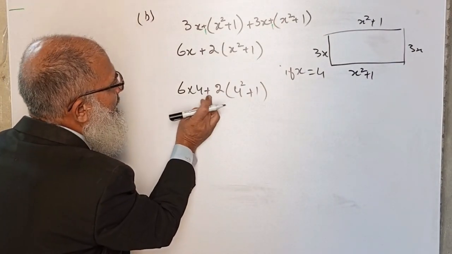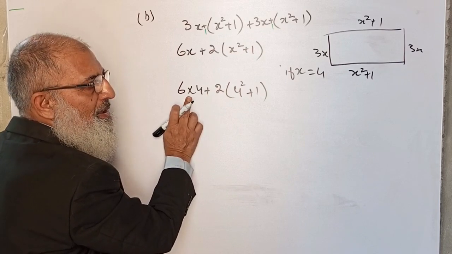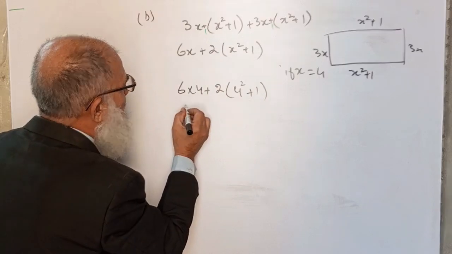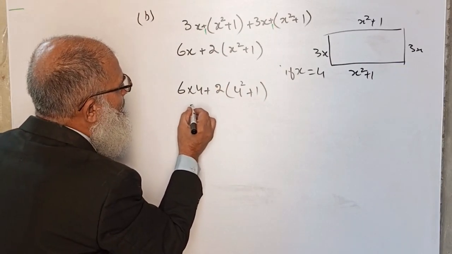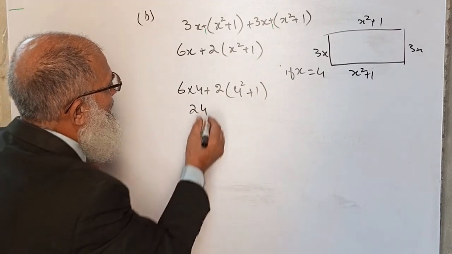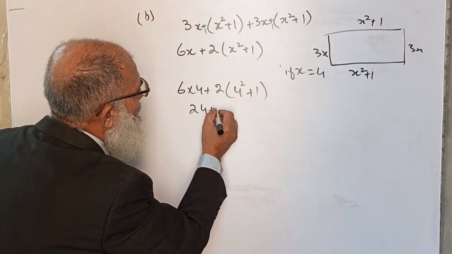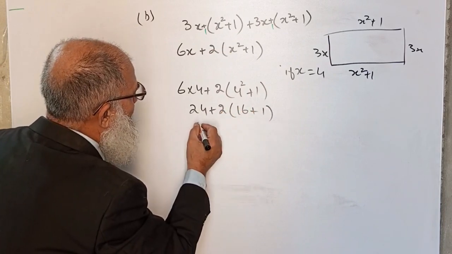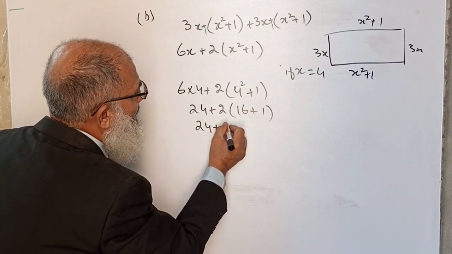Now you see that this is a plus sign, this is a multiplication sign. We'll go for the multiplication sign first, not for the plus sign. So 24. Now this is being multiplied by this again. So what we do, we leave it here and we add the internal first.